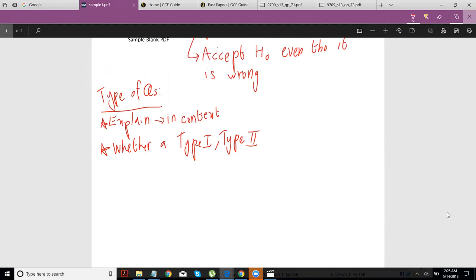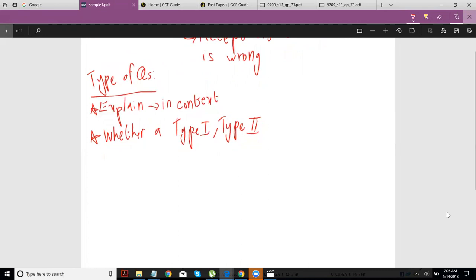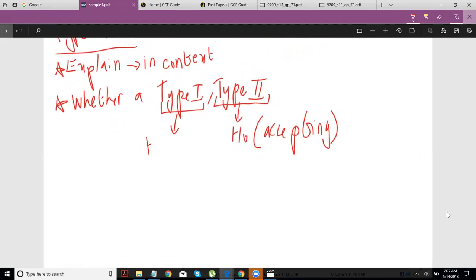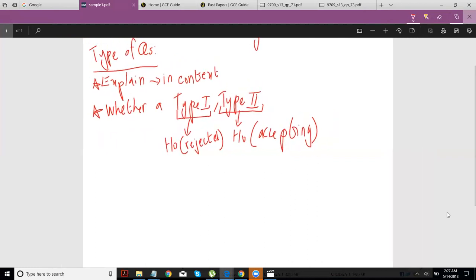However, if whatever test you were carrying out resulted in the null hypothesis being correct, then you can be at the risk of a type 2 error. So this is where you're accepting your H0. So depending on whether H0 was accepted or rejected in the part that precedes this particular question, you can answer accordingly.